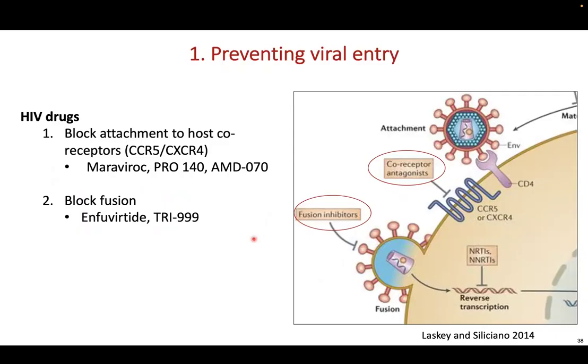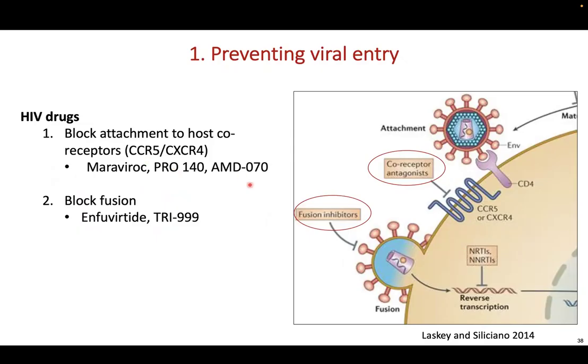So now let's talk about examples of antiviral drugs that we know and their modes of action. First one is HIV drugs. Basically, they block the attachment to the host co-receptors, CCR5 or CXCR4.